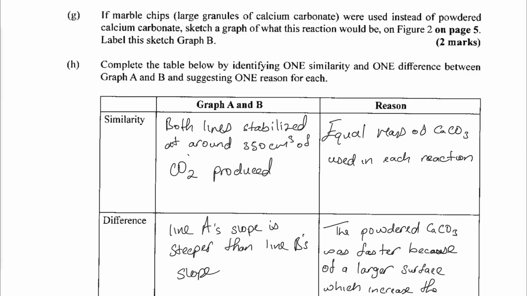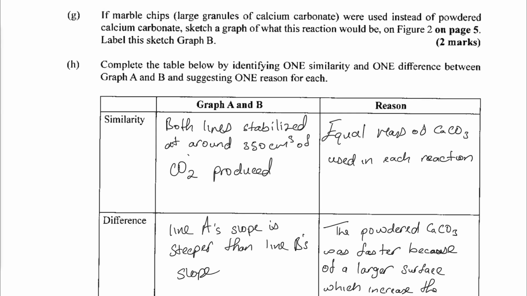And the reason here is because there is equal mass of calcium carbonate used in each reaction. So it doesn't matter the state of the solid, we're still going to get the same amount of carbon dioxide here.